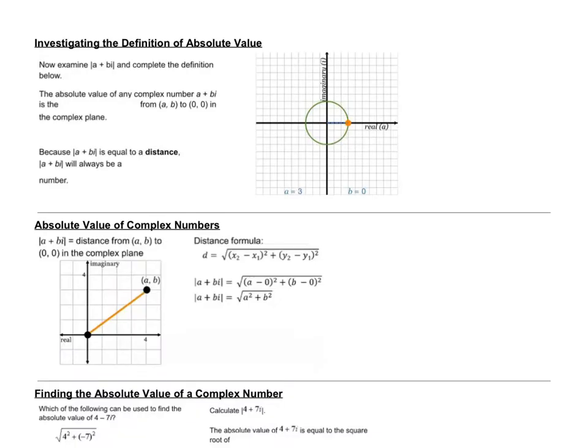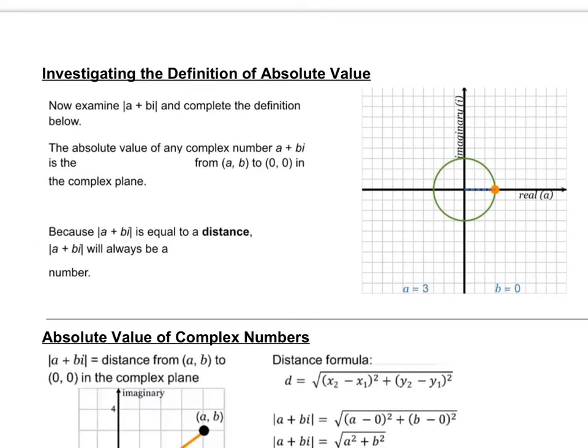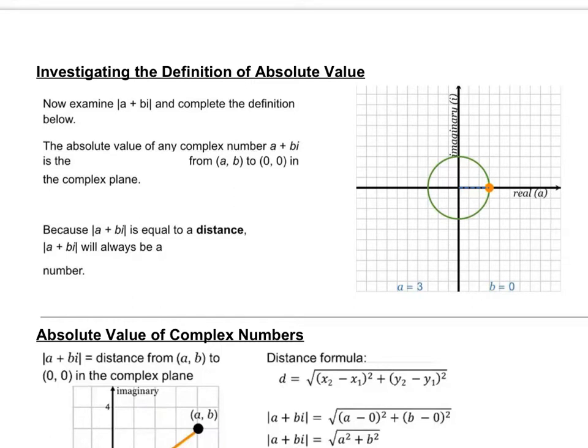On the last page, we talked about absolute value of numbers that were either on the imaginary number line or on the real number line. But what if they're somewhere out here in the plane? Then we have to find the distance.